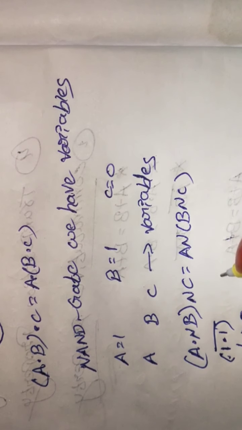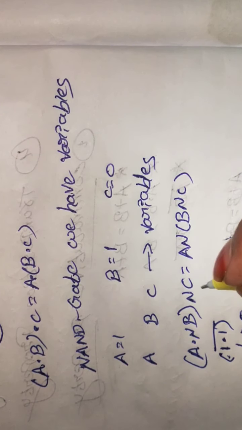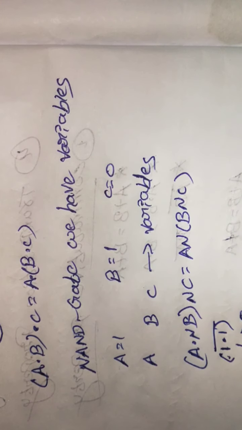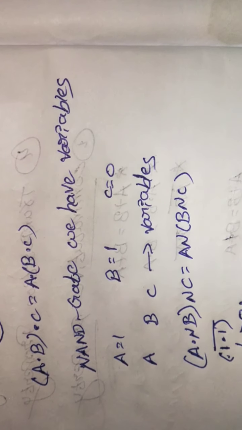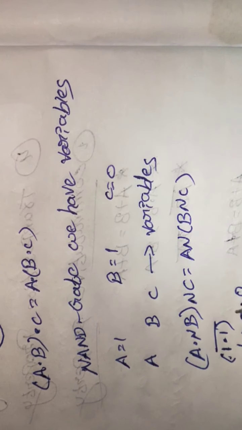1 into 1, whole bar equal to 0. Also C equal to 0, 0 into 0. NAND means whole bar equal to 1.